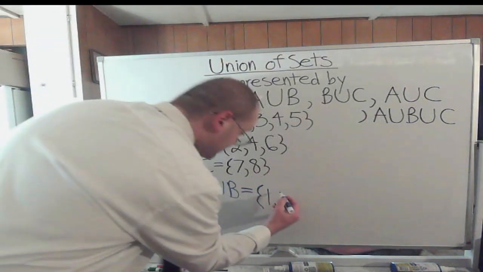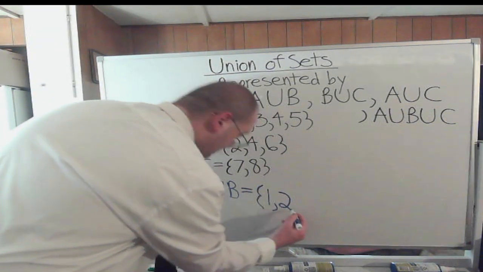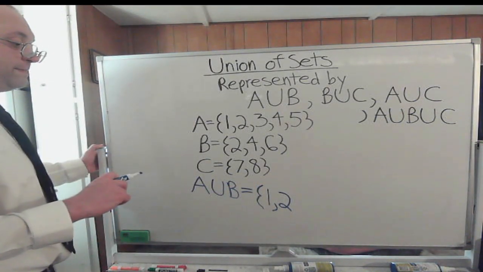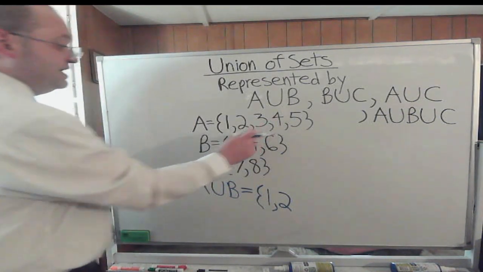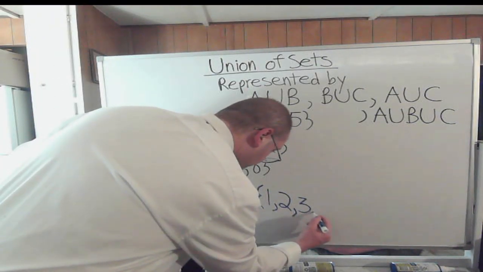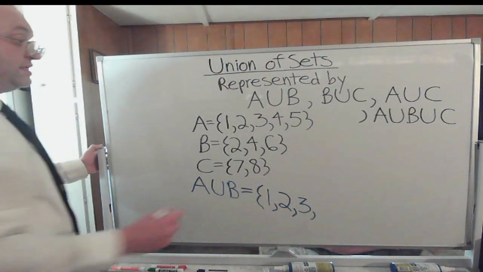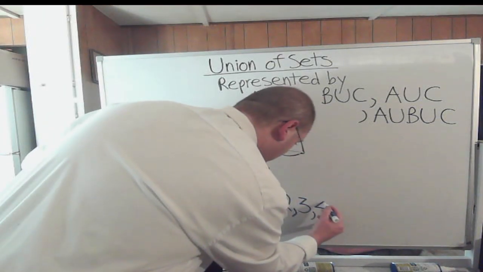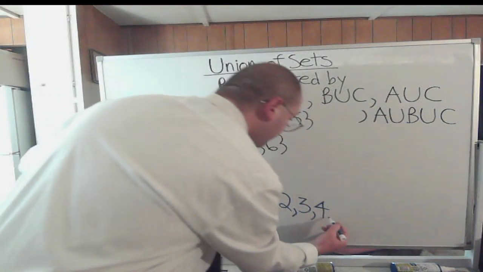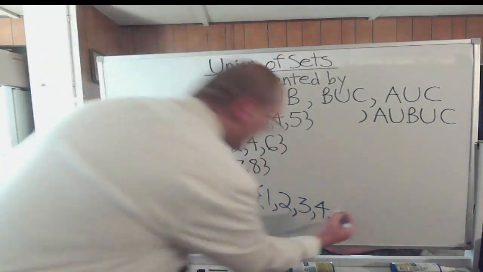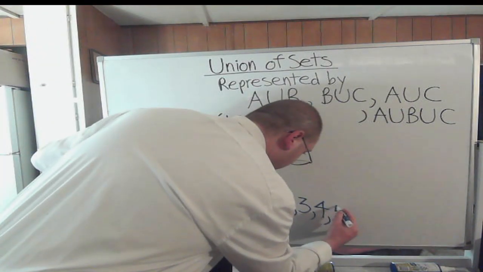But you want to list the set members in numerical order. That's very important. Only set A contains a 3, but still the combined set will have a 3. And then they both contain a 4, but you only list it once. So you'll have so far 1, 2, 3, 4. And then only set A contains 5. Well, when you unite them, you'll get 5.